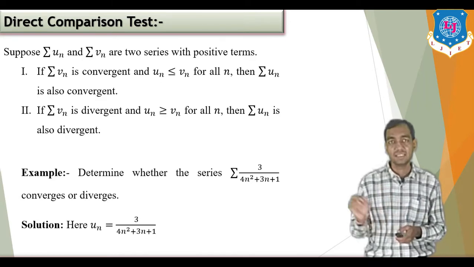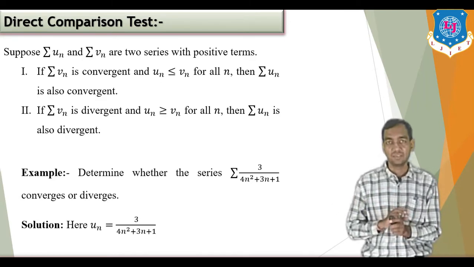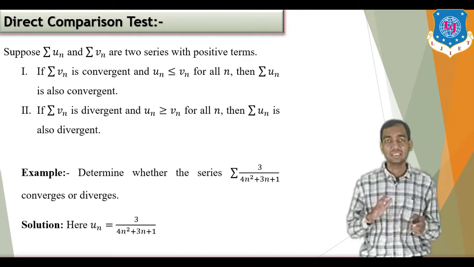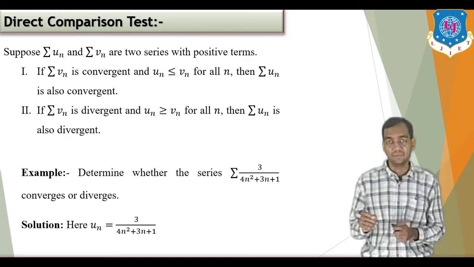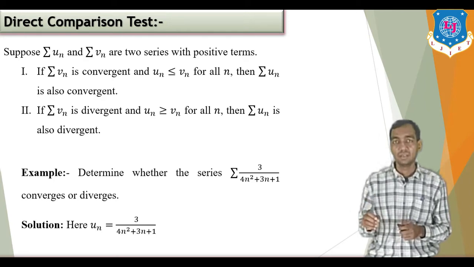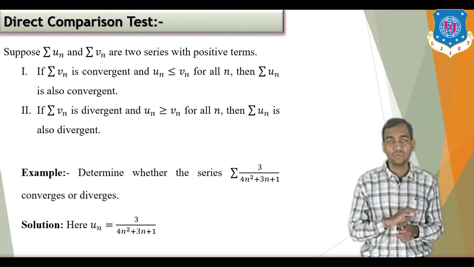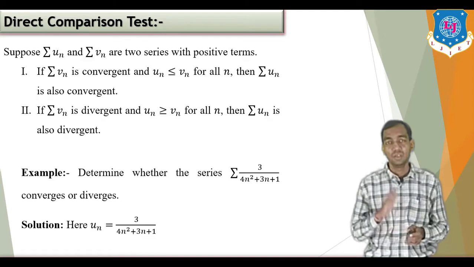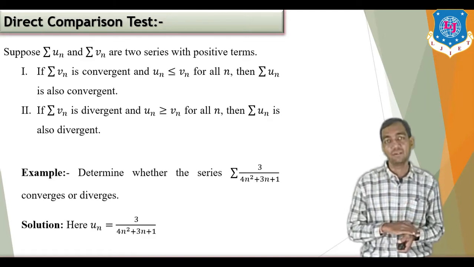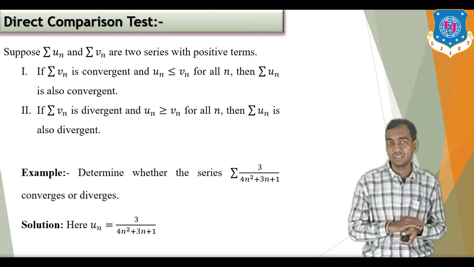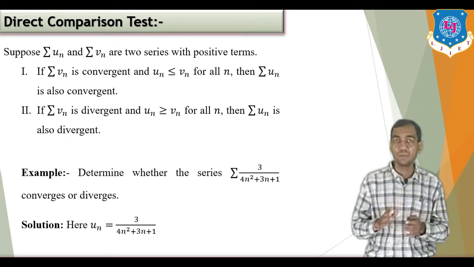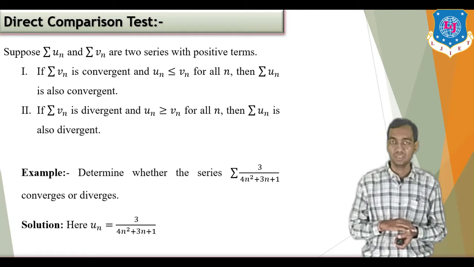Suppose sigma un and sigma vn are two series with positive terms. We are considering that all terms are positive. If sigma vn is convergent with un less than or equal to vn for every n, that means un is smaller than vn for every n, and the larger series sigma vn is convergent, then the smaller series sigma un is also going to be convergent.